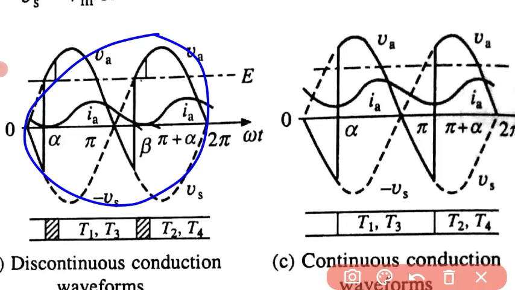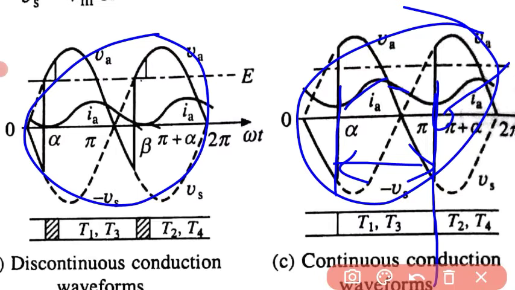Here you can see T1 and T3 are triggered at this instant and the current increases. Then the voltage becomes zero, so the current decreases while T1 and T3 are conducting. Next, T2 and T4 are turned on at this point, pi plus alpha, and the current increases. In this case, the current does not go to zero.